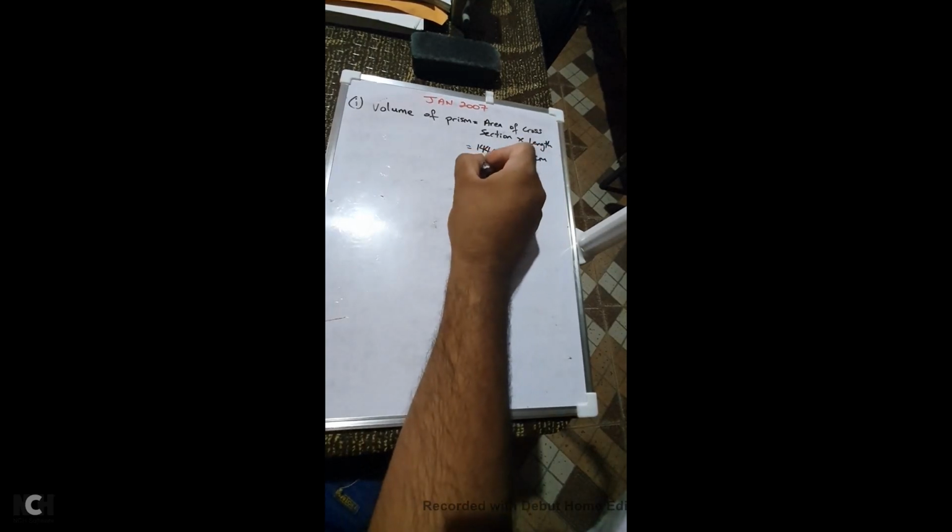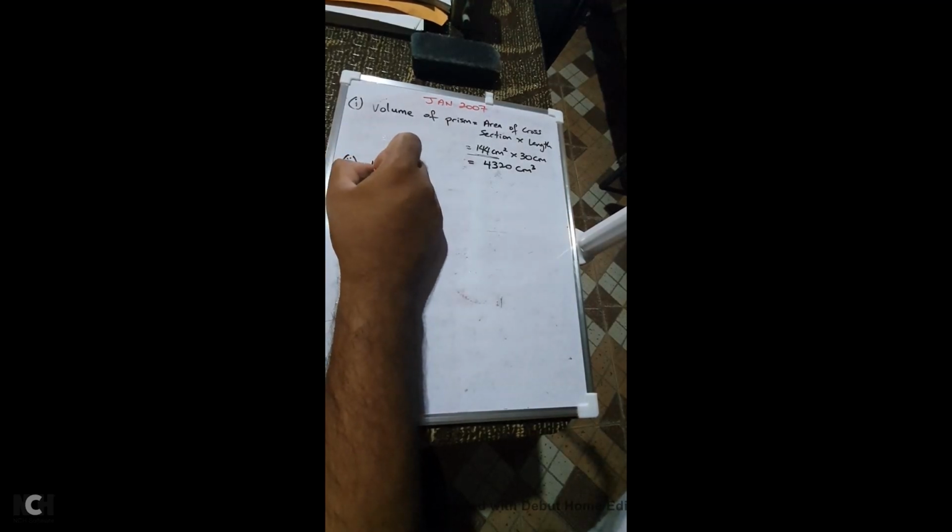For the second part of the question, we are asked to find the total surface area in centimeters squared of the prism. So we know that the cross section of the square was given as 144 centimeters squared, right? So we need to find the length.